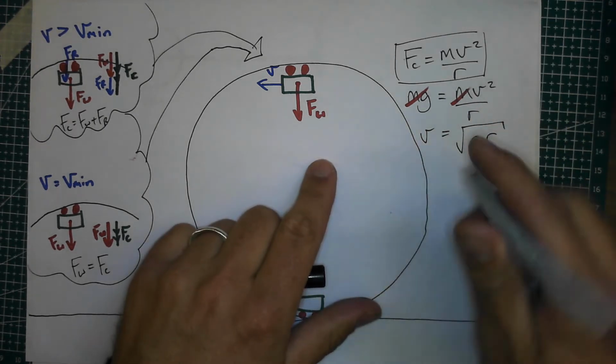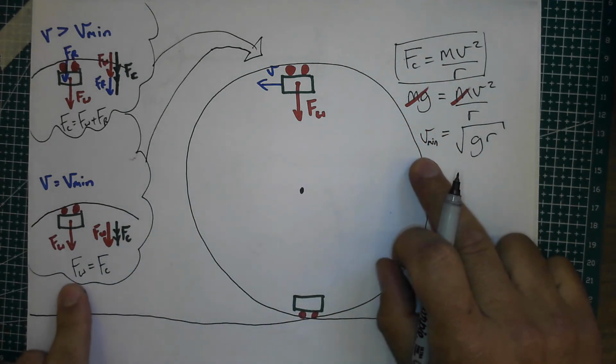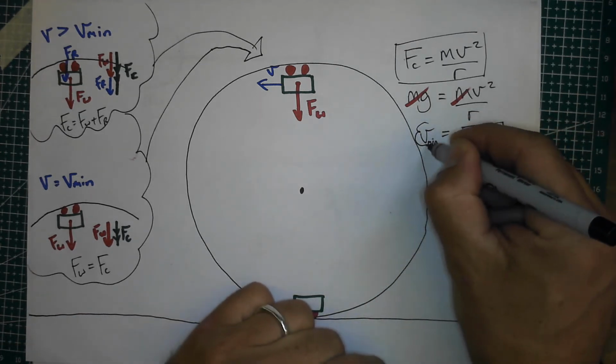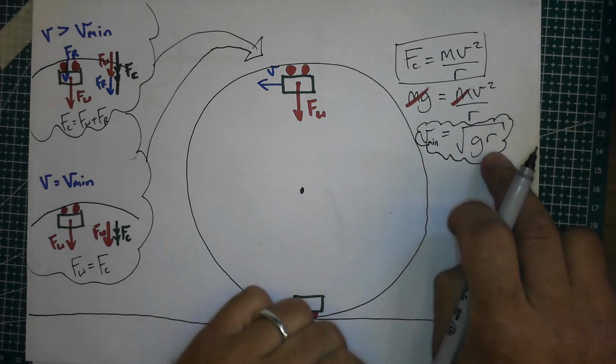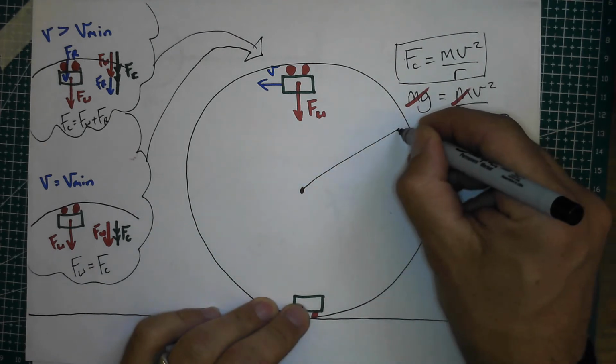So the minimum velocity occurs when the centripetal force is provided only by the weight force, and it is equal to the square root of g times r, where r is the radius of the circle, technically to the centre of mass.